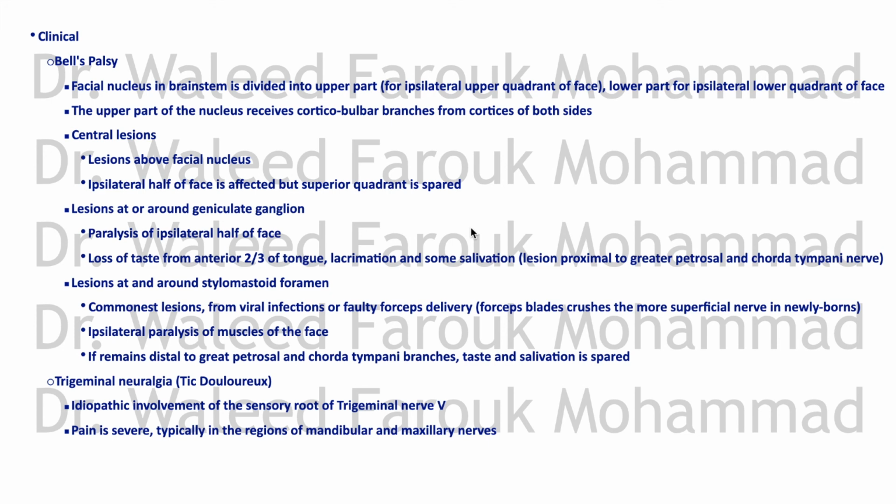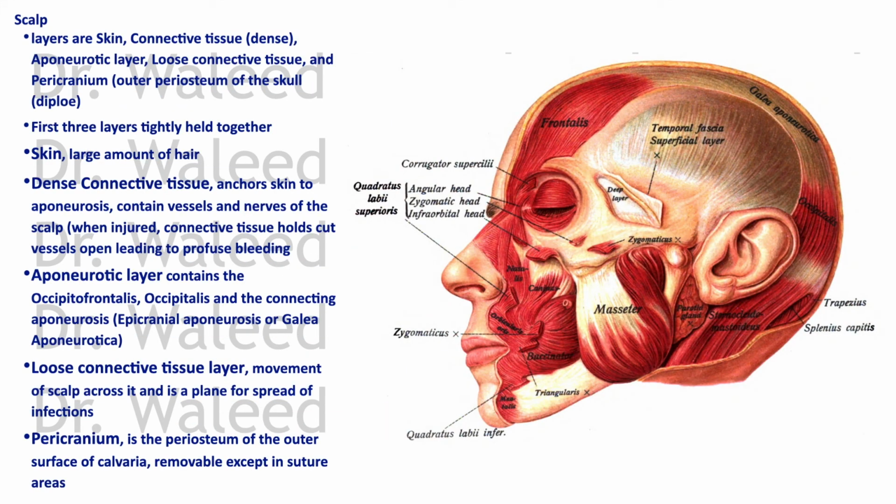Now, what's unique about these, of course you will study in neuroanatomy, is that the cranial nerve nuclei and the spinal cord nuclei receive corticobulbar and pyramidal tracts, for example. The control from the higher centers, from the cortex to the cranial nerve nuclei, is called corticobulbar.